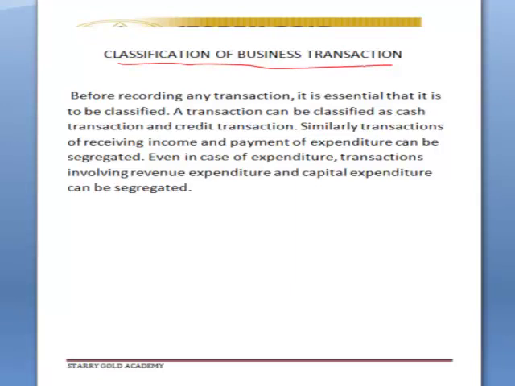Before recording any transaction, it is essential that it is classified or categorized. A business transaction can be classified as a cash transaction or a credit transaction.